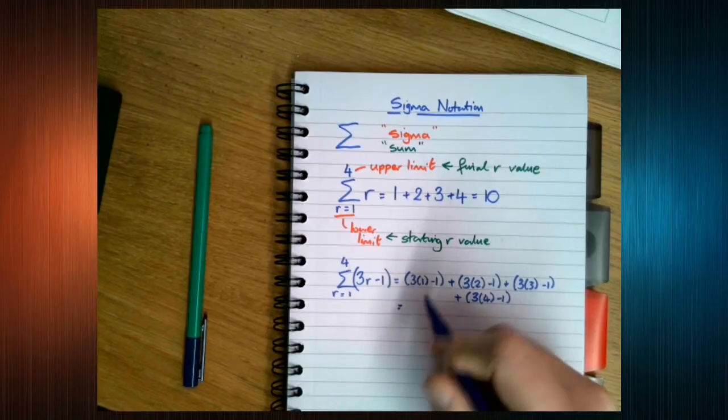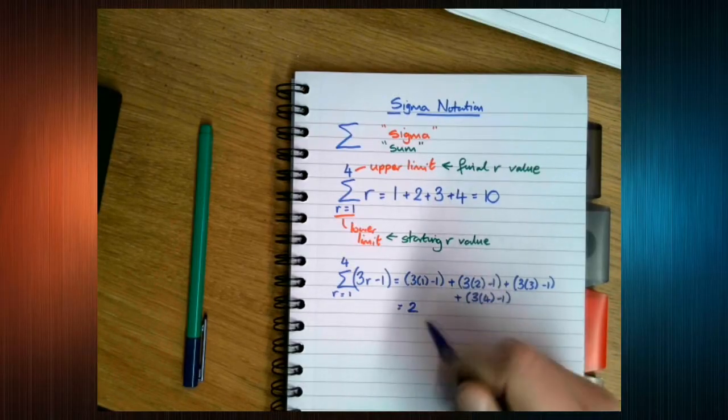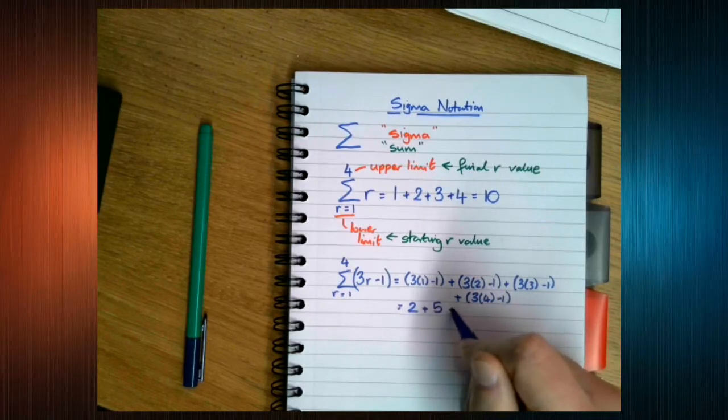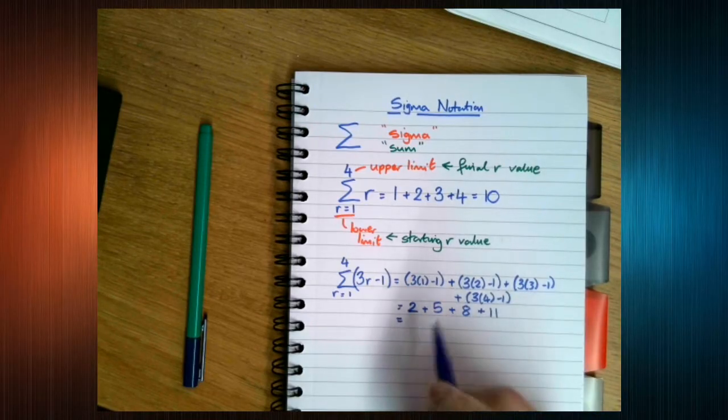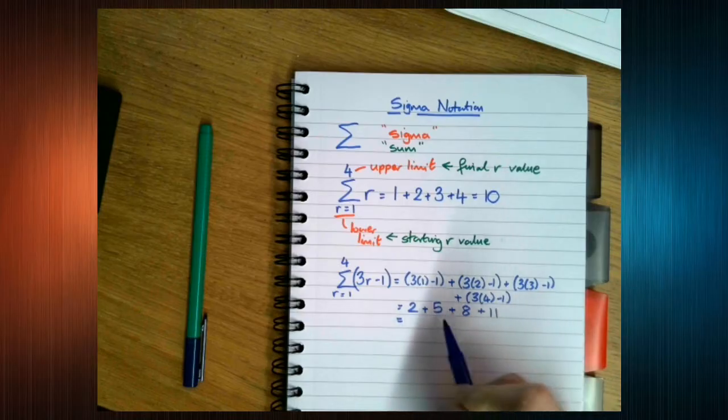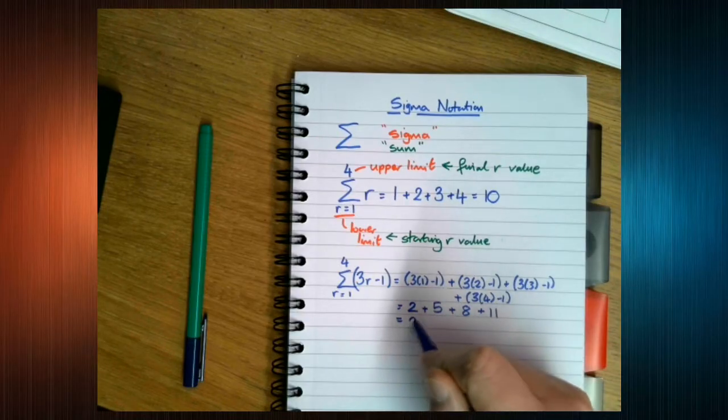So this is 2 plus 5 plus 8 plus 11, which is 7, 15, 26.